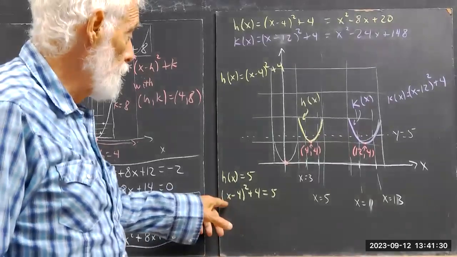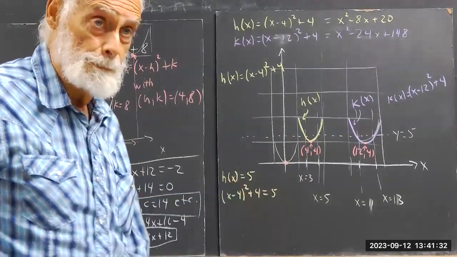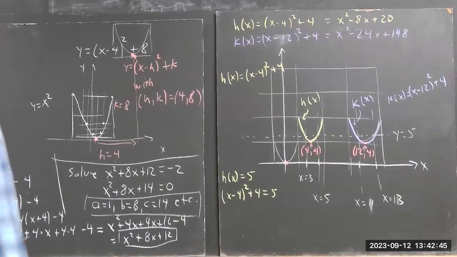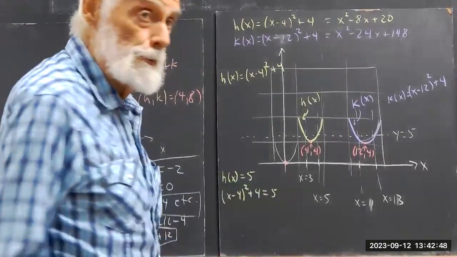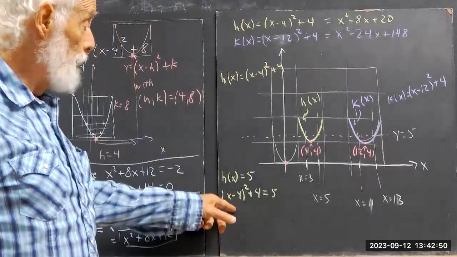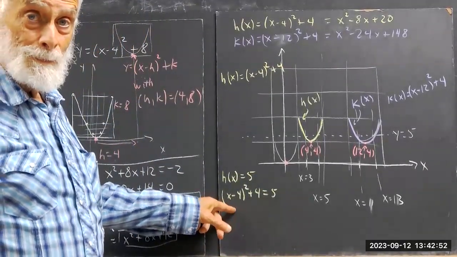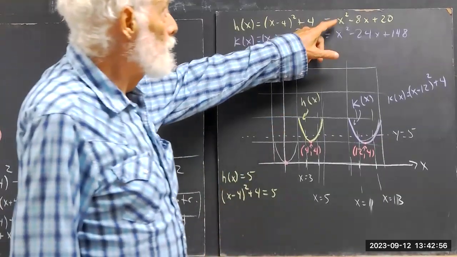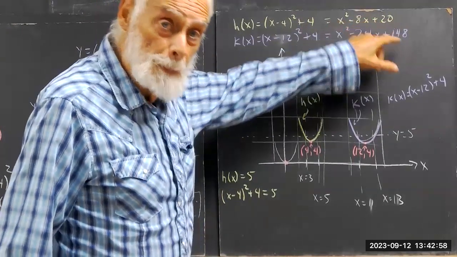So we've got x minus 4 squared plus 4 equals 5. Okay, there are some obvious things we could do to solve this. We could expand all this and then subtract 5 from both sides. Well, or just set this equal to 5 because we've already expanded it up here.